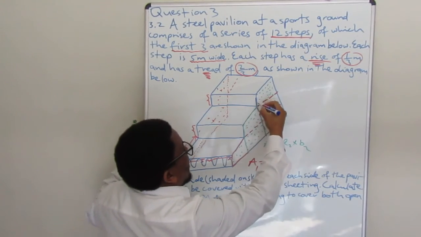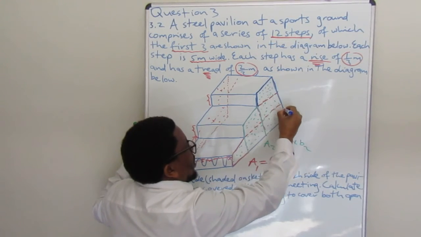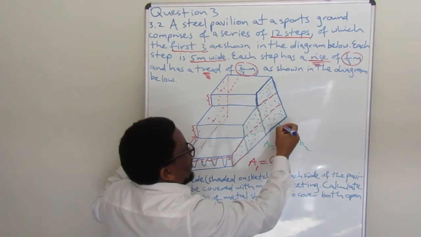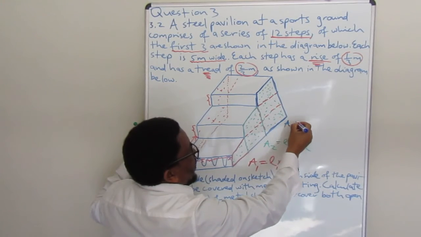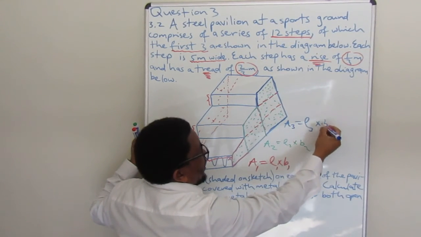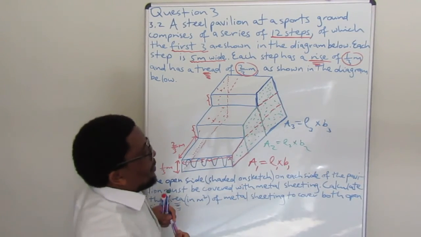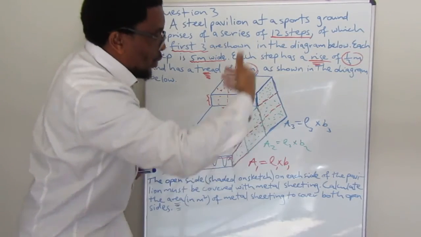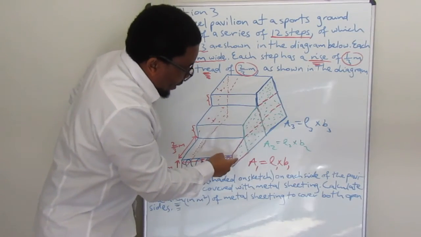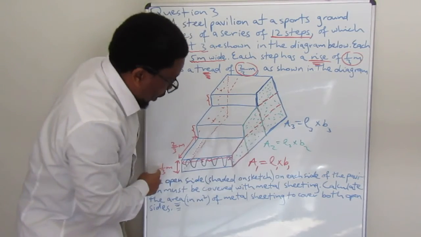Let's go to the last one now. The last one would therefore be, there's my area 3, for example. This would be my area 3, which is equal to L3 times B3. Right? So the relationship between B1, B2 and B3: B1 gives me 1/3.